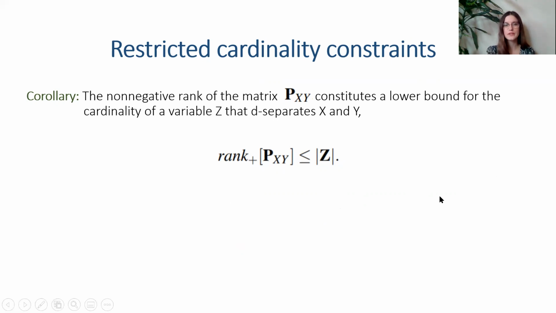So if we have a probability distribution over two variables, the non-negative rank of this distribution is a lower bound for the cardinality of a third variable z that d-separates x and y, or in other words, makes x and y conditionally independent. Okay, so this is the most important result in our work, and although it is just a simple equation, now I will show you how it can be applied to different problems.